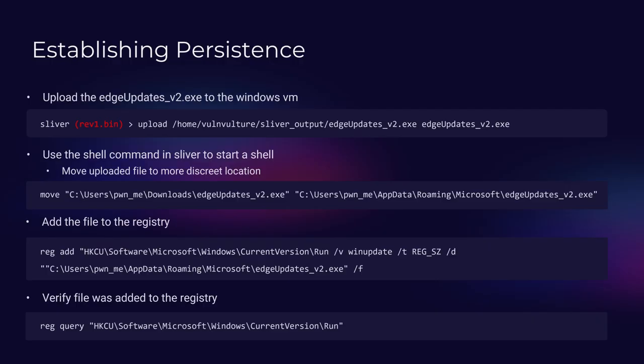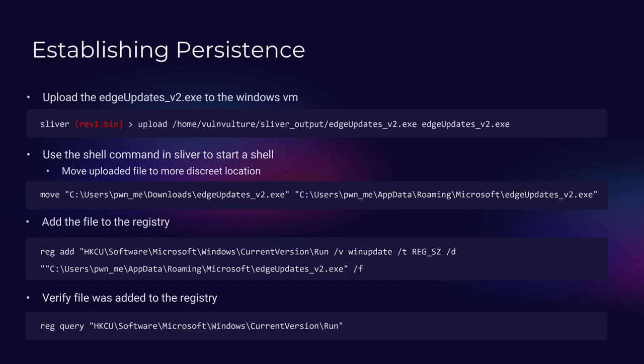Since we have access to the target host via a live session, we can use the use command in Sliver to start our session. From there, we'll use the upload command to upload the Nim executable edge_updates_v2.exe. Now we'll use the shell command to start a reverse shell, which makes it easier for us to move around on the target host.